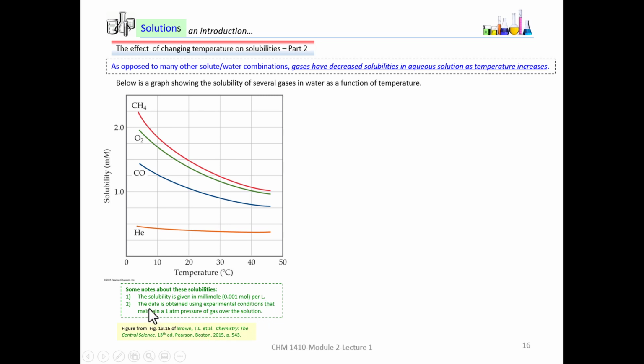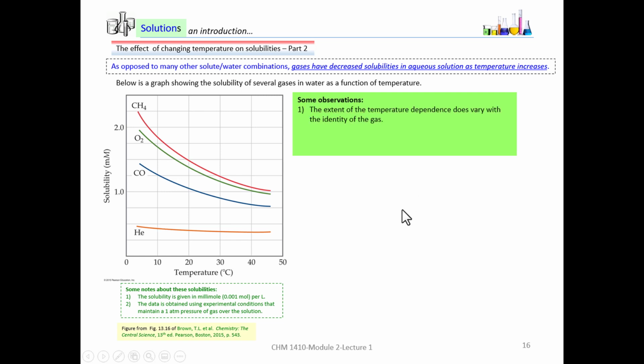And the data is collected in a way that the experimental conditions are set so that there's a 1 atmosphere pressure of the gas maintained over the water, over the solution, as the temperature is increased. But the biggest thing to notice here is that all of these gas solubilities decrease with increasing temperature, and they decrease by varying rates. So what do we observe? Well, the extent of the temperature dependence, as I just said, does vary with the identity of the gas.